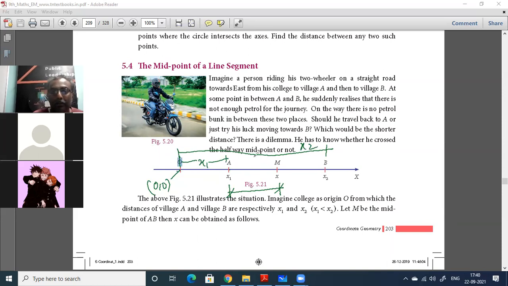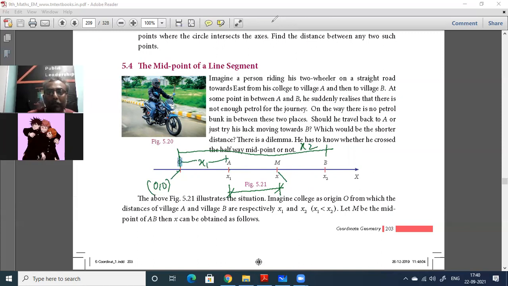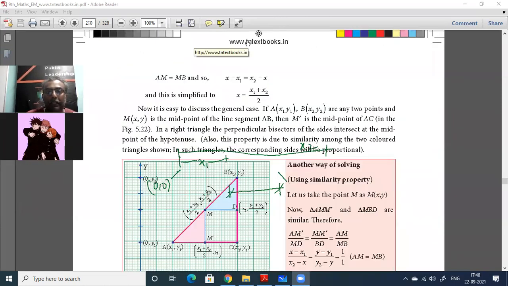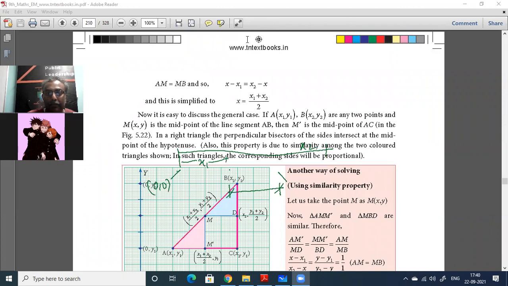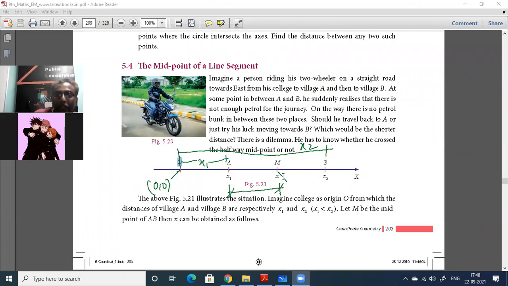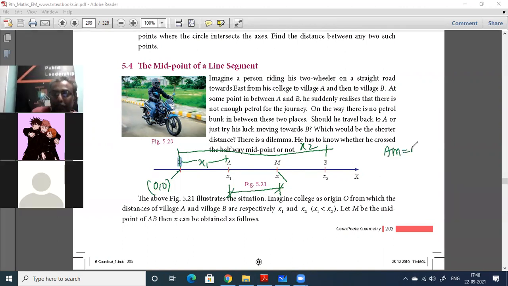So X2 is greater than X, which is greater than X1. M, the midpoint, is getting as X. Now how to get the value of M? X minus X1 is equal to X2 minus X. How? AM is equal to MB, because M is the midpoint of AB. Correct.